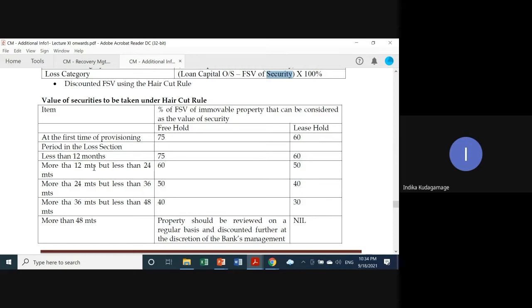Provisioning is the allocation of profits for bad loans. Compensation for the bad loans, because though you have bad loans, you can't go back to your deposit holders and say, I have bad loans, so I can't pay. Therefore, in order to avoid any capital loss or profit deposit loss, from the profit we allocate some money for any shocks.